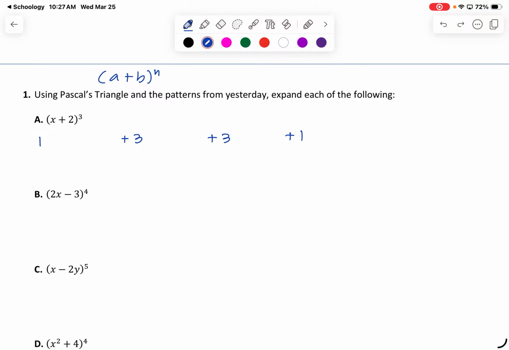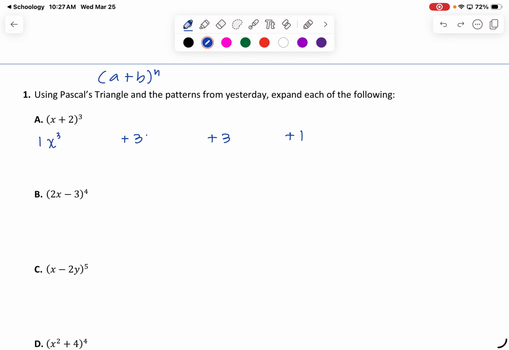Okay, and then the pattern was, remember that the x's start off with that n exponent, so x cubed, right? Or the first term, I should say, not the x's, because it doesn't have to be an x. So the first term starts off by being cubed, and then it decreases by 1.